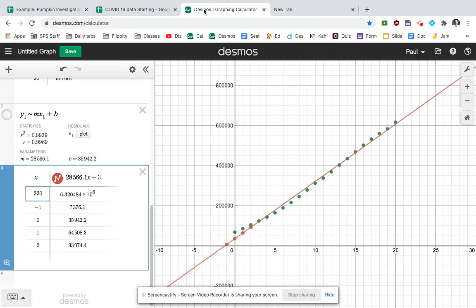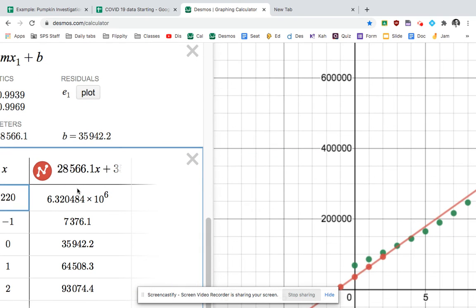220 in for X. Whoa, that is a huge number right there. That actually means move the decimal over 6 places to the right. So that's 6,320,484. 1, 2, 3, 4, 5, 6. It's saying 6 million cases, 6,320,000 cases.